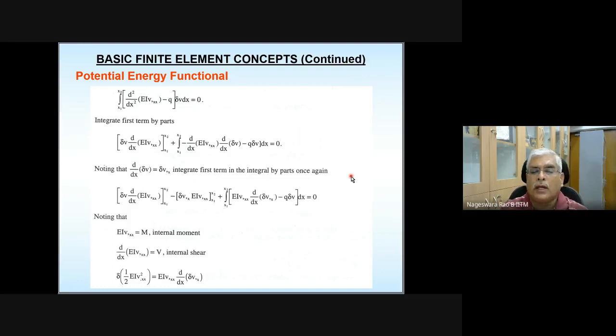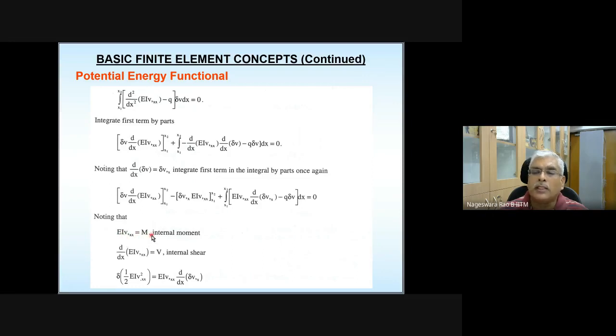So now you can look at this and make a note of something you already know. Moment is EI times the second derivative of transverse displacement.